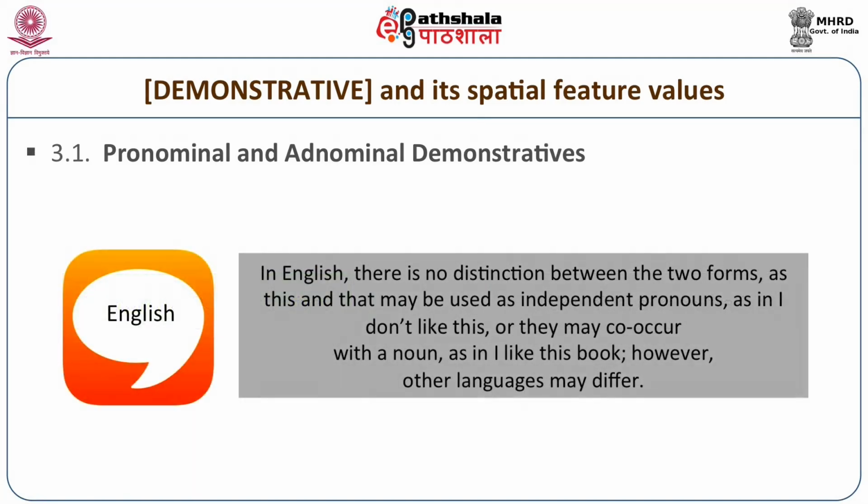In English, there is no distinction between these two forms, as this and that may be used as independent pronouns, that is, as pronominal demonstratives. So, if I say "I don't like this", I'm using this as a pronominal demonstrative. Or it can co-occur with a noun, as in "I like this book", in which case it's an adnominal demonstrative.